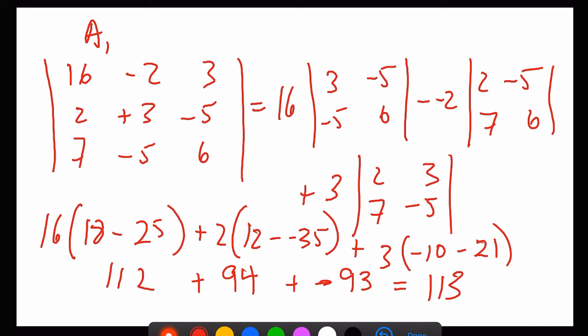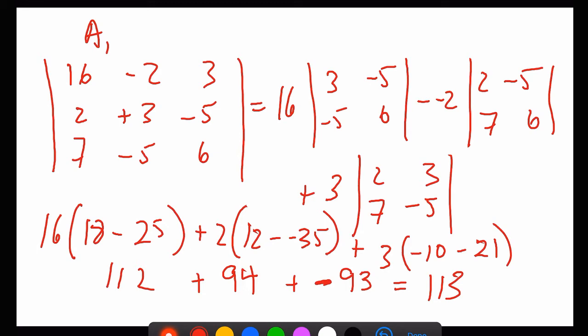That's positive, right? And that's 21 and 10 is 31. It's minus 93. Somehow it should be 111. 112, 94.